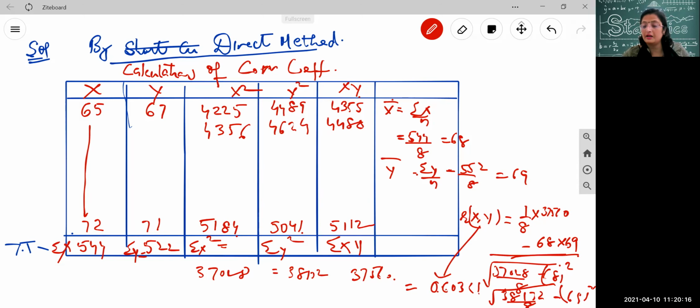This you have to check. If your value comes greater than 1, it means there is something wrong in the calculation. So this is the direct method. It's quite a laborious method, so we will not use this method. You can do by any method of your choice. Right now we will do it by step deviation method.